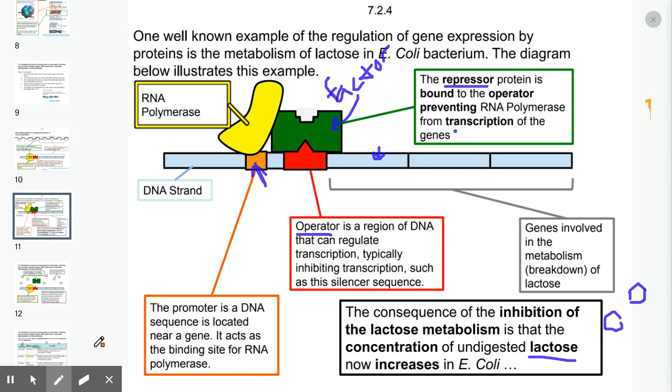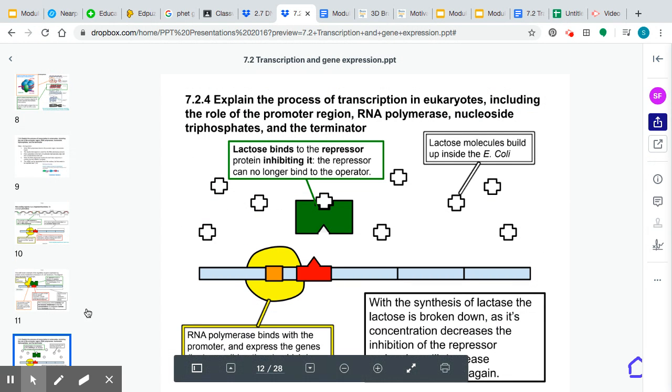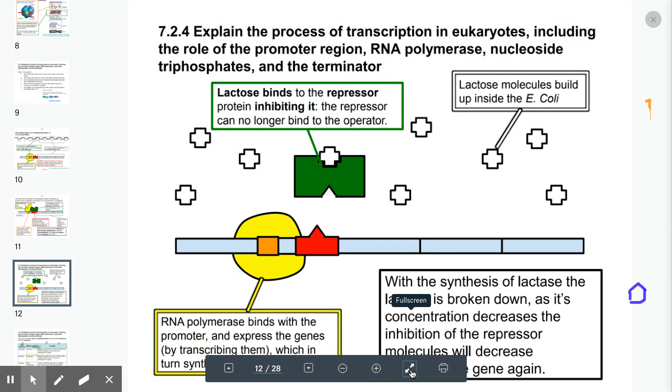And this happens in your belly if you're lactose intolerant. So in this example, it's a bacteria. This bacteria's genetic code for making the enzyme lactase is here. If lactose is present, right? If lactose is present, I kind of wish they drew this as a disaccharide.